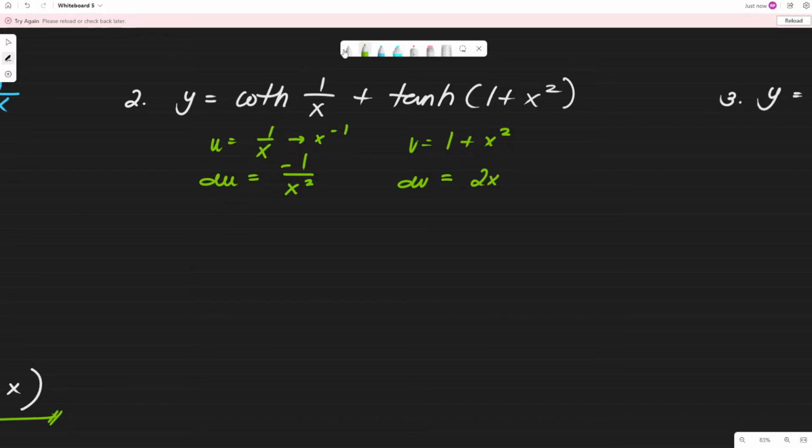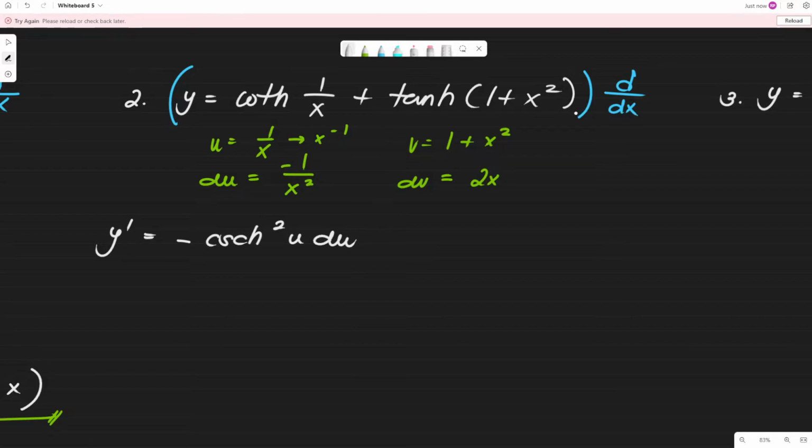Okay, so we'll have y prime is equal to, let's get the derivative. So, we'll have the derivative of hyperbolic cotangent. What's the derivative of hyperbolic cotangent? That is negative hyperbolic cosecant squared u du.